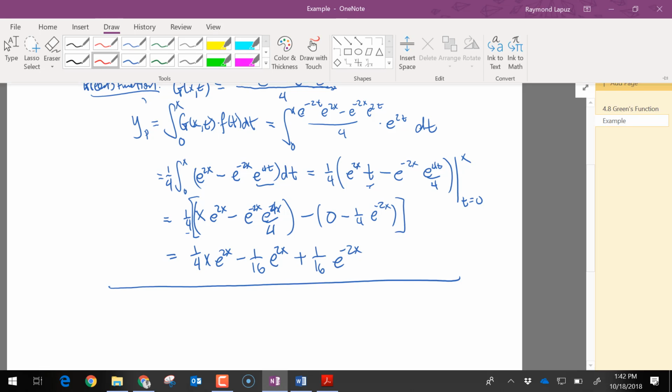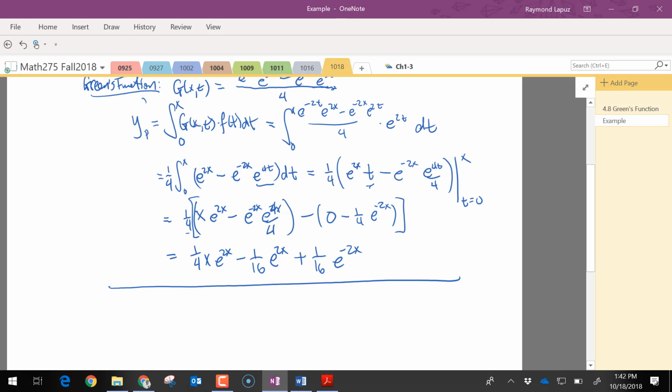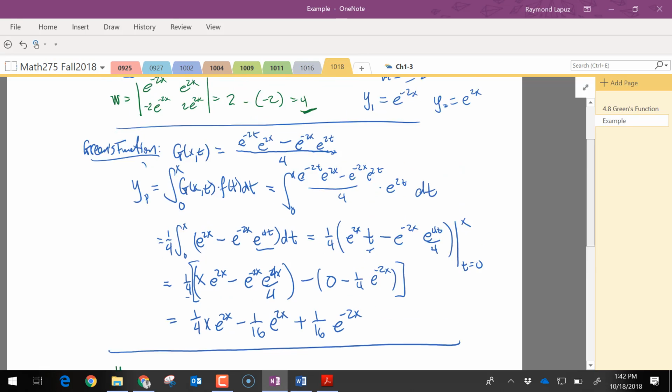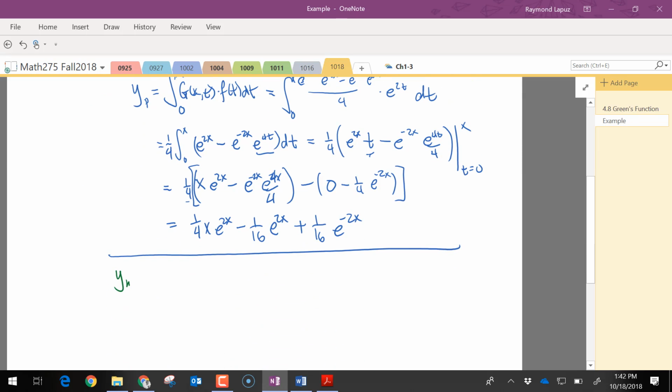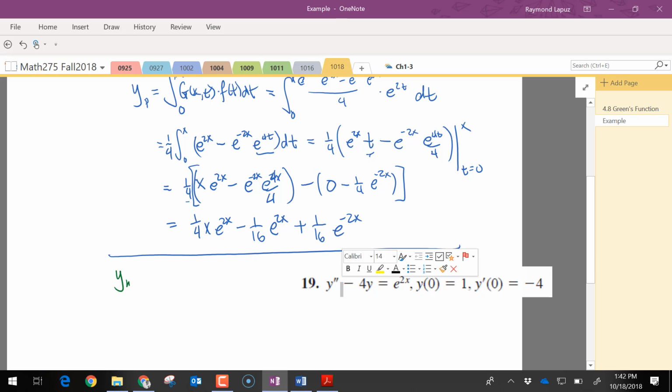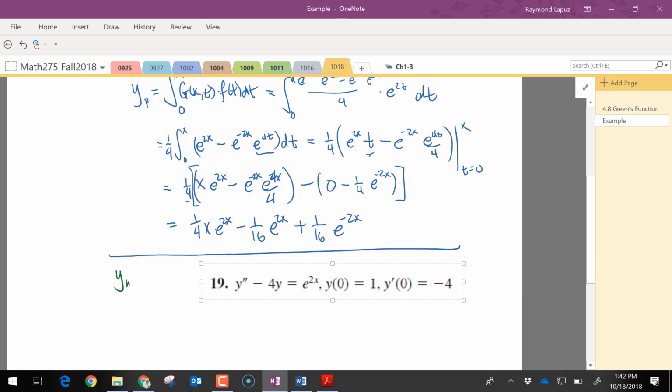So y sub h is supposed to be the solution to this thing when this thing is equal to 0.